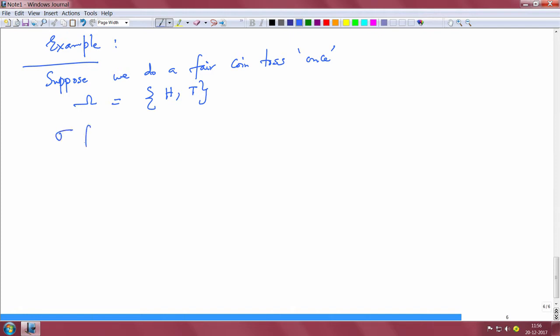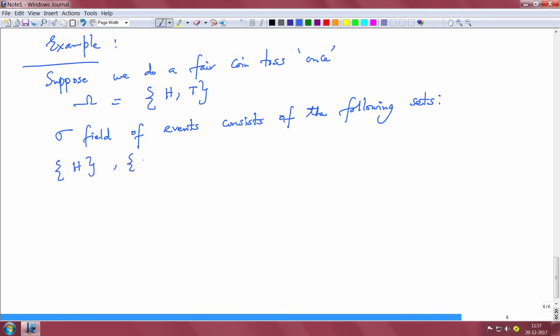The sigma field of events consists of the following sets. It could be a head, it could be a tail, it could be a null set, it could be the universal set. See the distinction between the sample description space and the sigma field.